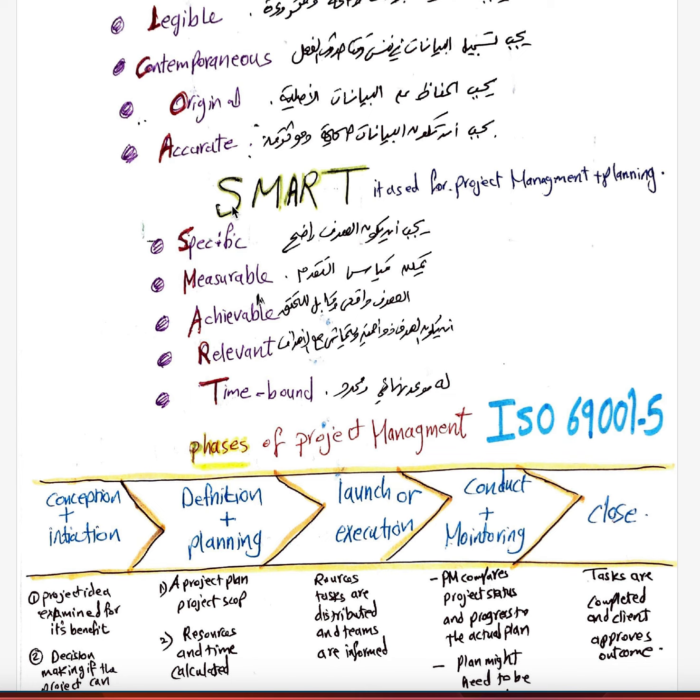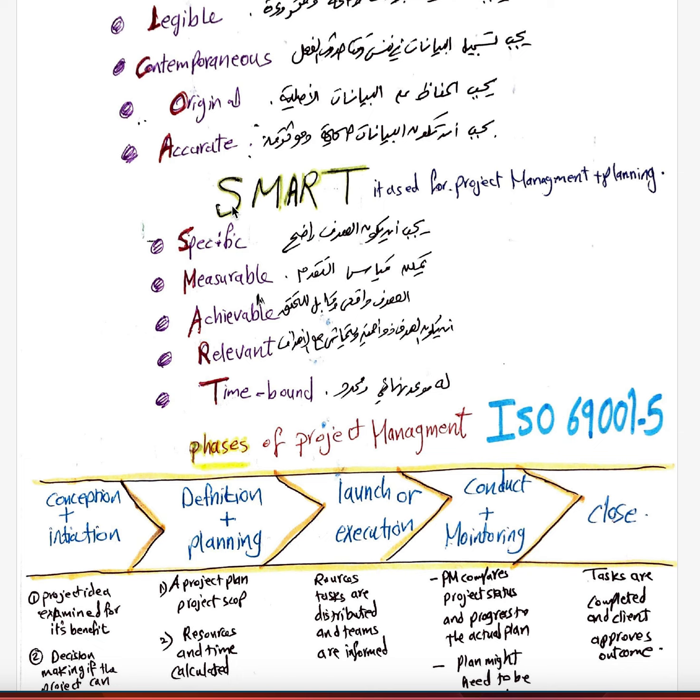M means measurable, that means we can measure the progress. A means achievable, the goal should be logical and can be achieved, we can do it. And then relevant, what we do is relevant to our goal.